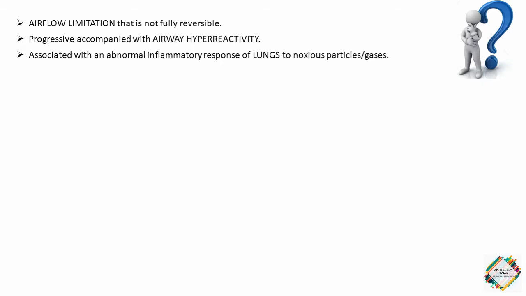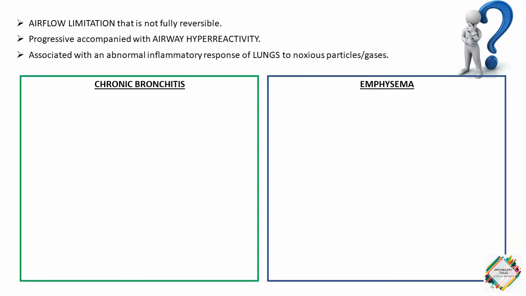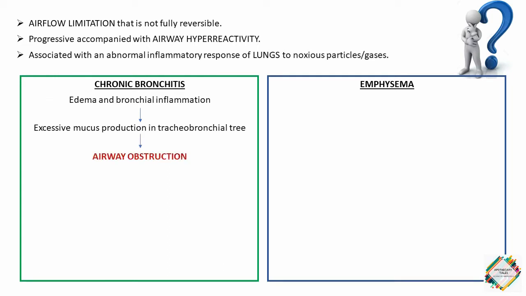There are two major forms of COPD, which more frequently coexist: chronic bronchitis and emphysema. Chronic bronchitis is usually characterized by excessive mucus production in the tracheobronchial tree. When edema or bronchial inflammation occurs, this can lead to excessive mucus production in the tracheobronchial tree, and this will lead to airway obstruction.